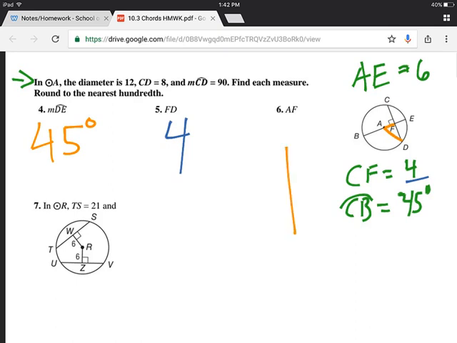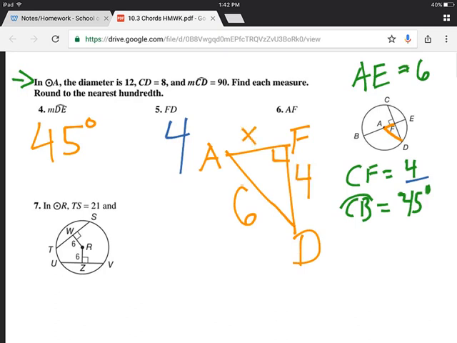So I'm going to redraw this using the same letters. This is my A, this is my F, and this is the D. This is the right angle. A to D is a radius, which means that it is going to be 6. D to F, we already found FD is 4.